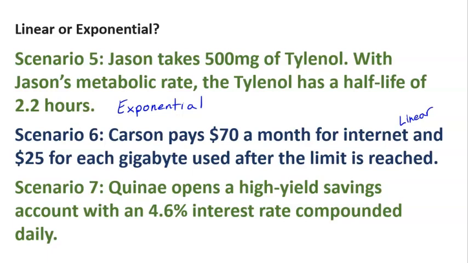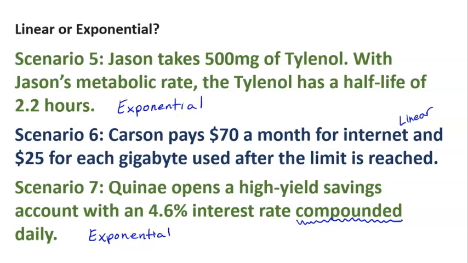Scenario 7 says Quinay opens a high-yield savings account with a 4.6% interest rate compounded daily. Whenever you see that word compounded, that's going to be compound interest, and that's going to be exponential.